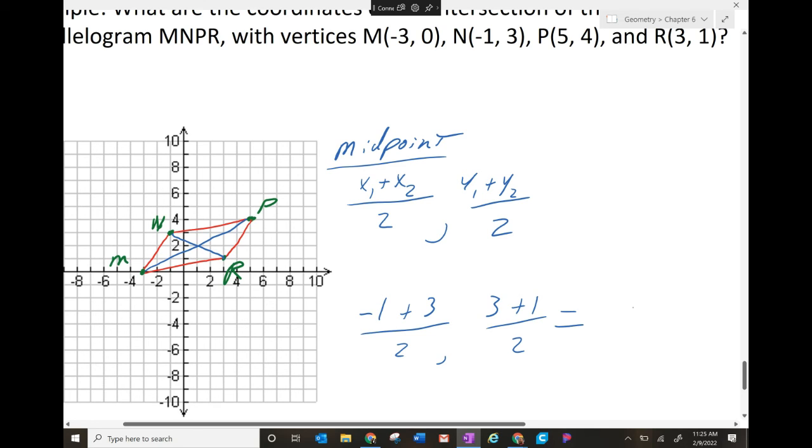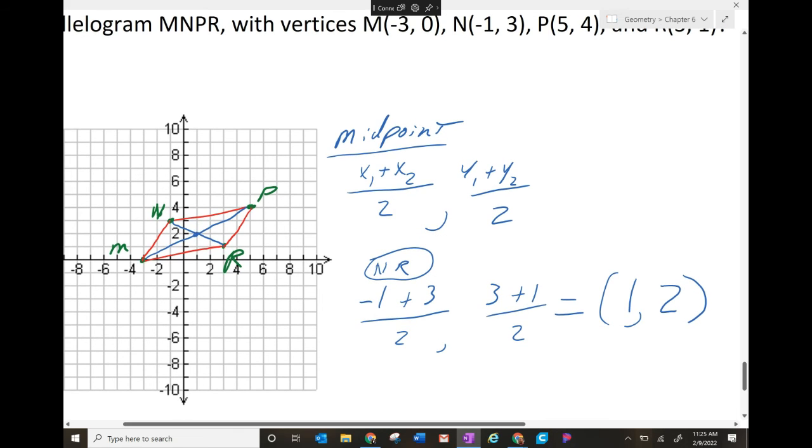My first value is going to be 1. Again, I'm doing all the math either in my head or on a calculator. 3 plus 1 is 4, divided by 2 is 2. So with N and R, my midpoint's going to be at 1, 2. So I go over 1, up 2. That looks like we did it right.